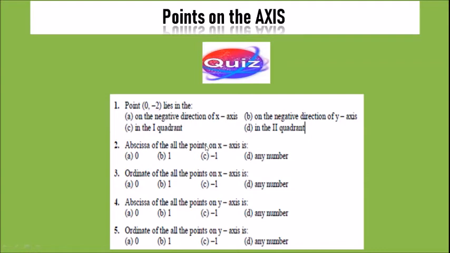Abscissa of all the points on x-axis is a ordinate of all the points on x-axis will be equal to abscissa of all the points on y-axis will always be equal to ordinate of all the points on y-axis will always be. You will be able to answer these questions if you have paid attention to the previous slides.